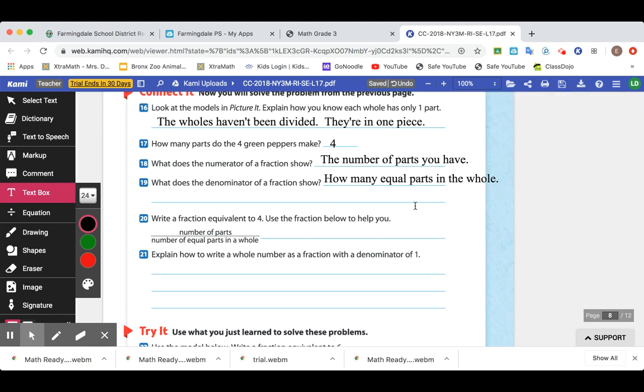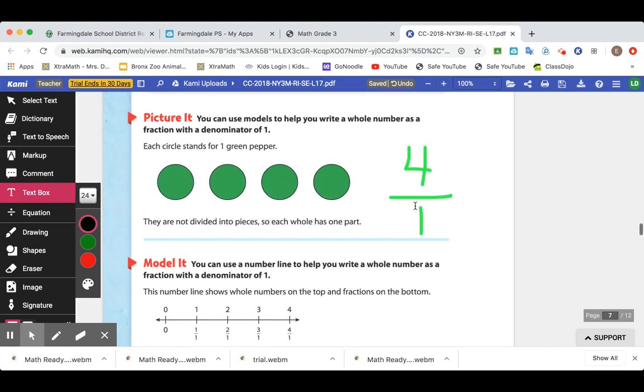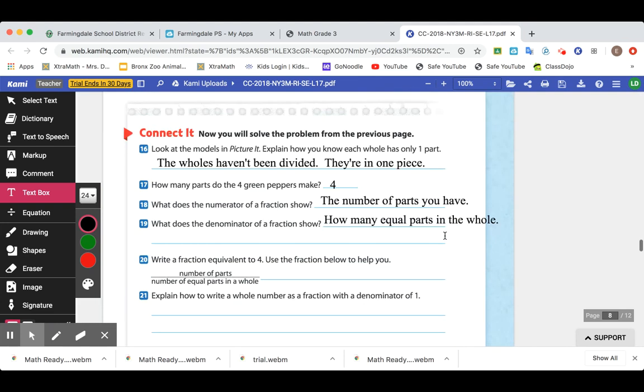It's always, always, always how many equal parts in the whole. Remember, denominator is down, the bottom number. And that denominator always tells you how many equal pieces. So since these haven't been cut, it's a 1 in the denominator position, okay?